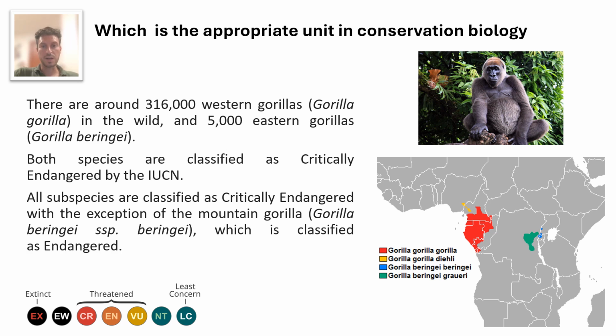Both species are classified as critically endangered by the IUCN. However, not all the subspecies are critically endangered. In fact, the mountain gorilla, the subspecies Gorilla beringei, is classified only as endangered, despite it counts 600 individuals.